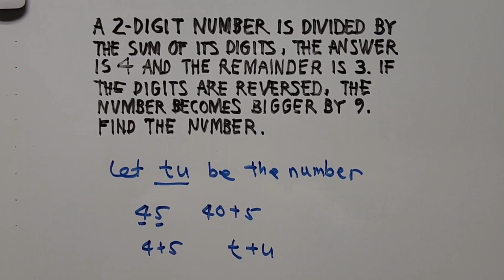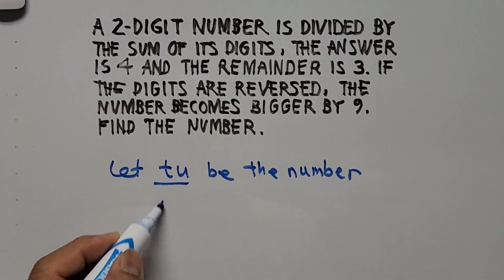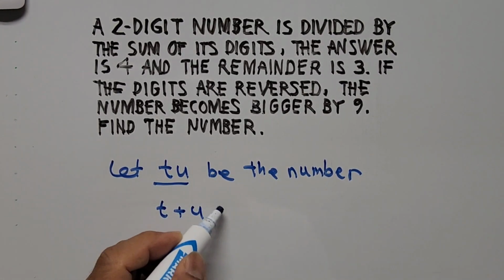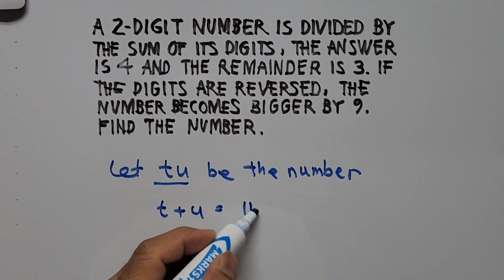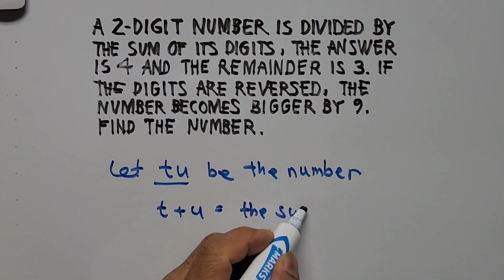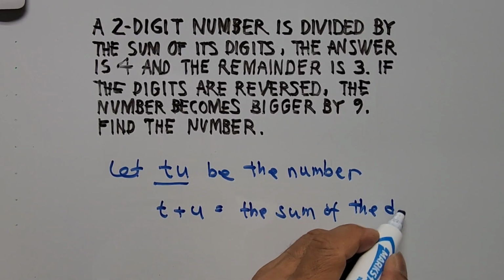Okay, so we got that part. So here, T plus U equals the sum of the digits.